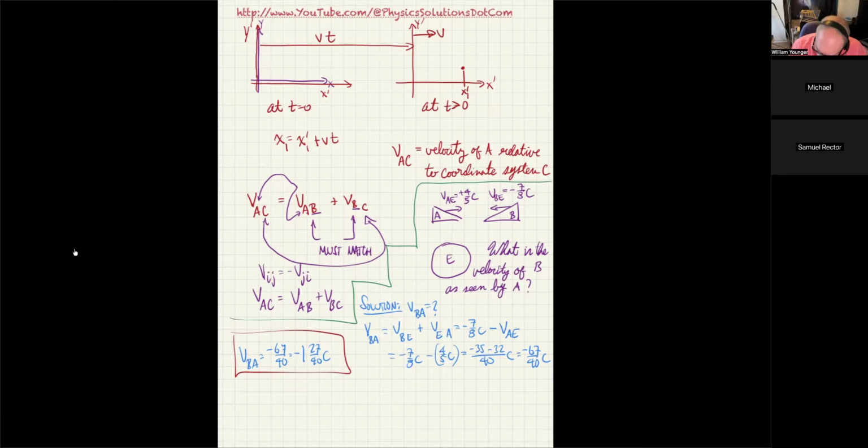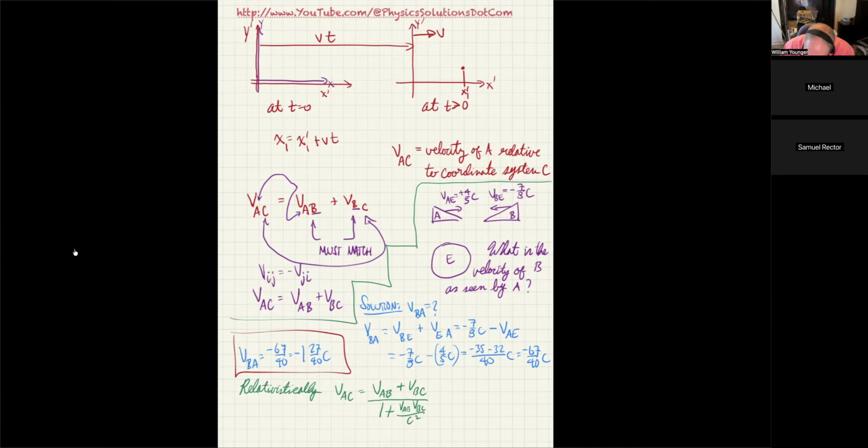And it turns out if you carry out the derivation for this expression in special relativity, it turns out that relativistically speaking, V_AC is equal to V_AB plus V_BC. But here's the difference. We've got this denominator, and this denominator is 1 plus V_AB times V_BC over C squared.